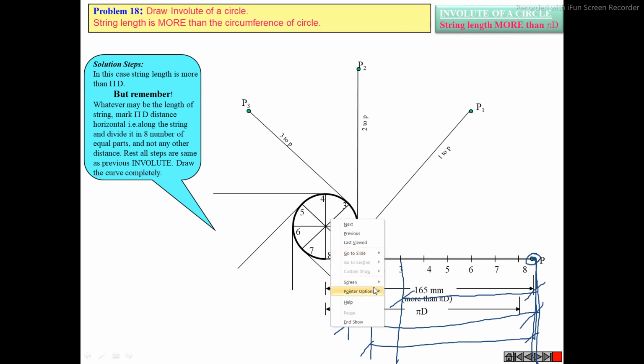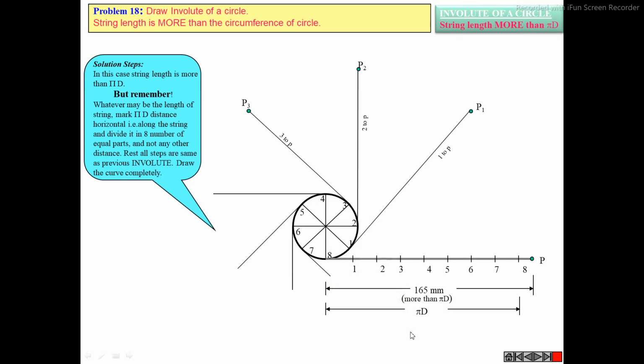So similarly, the next locus points will be 4P, 5P, 6P, 7P. Now the last point left, that is point P8, it will be 8P.